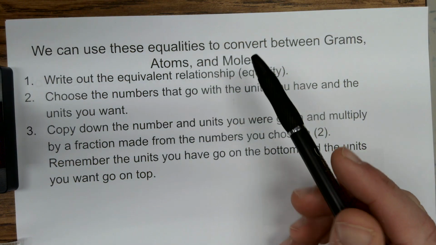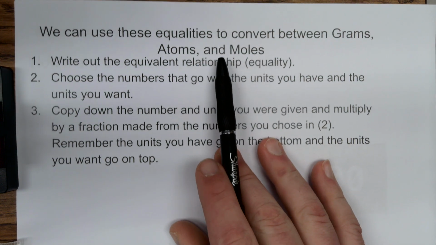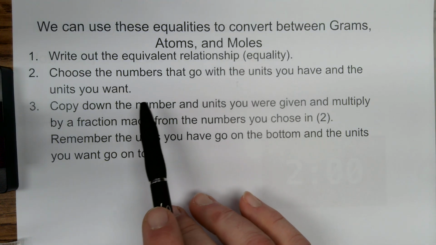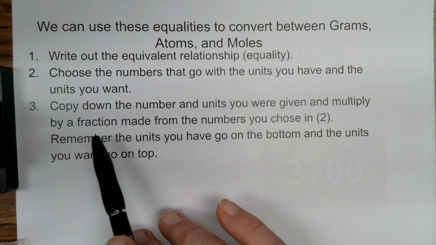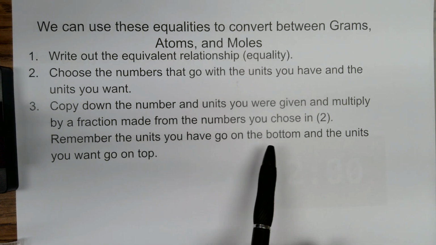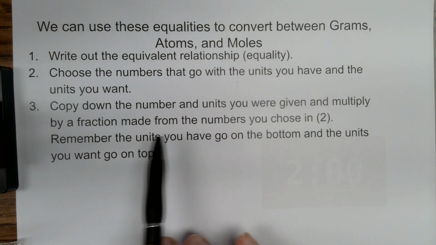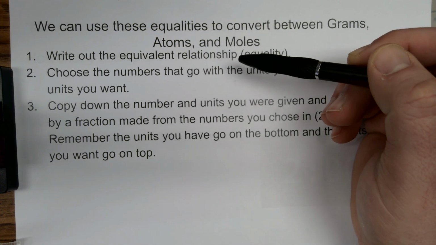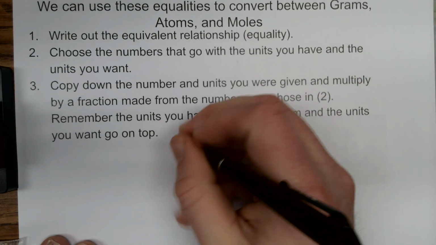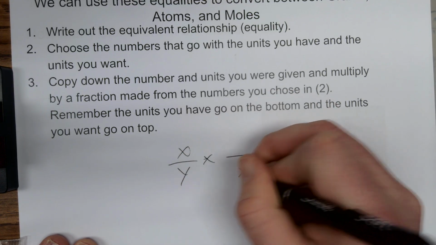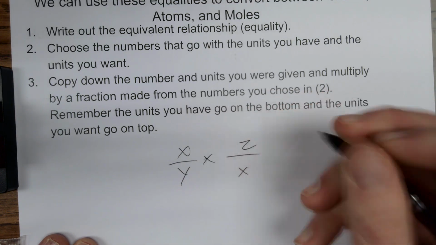Number 1, write out your equalities, your equivalent relationships. Choose the number that goes to the units that you want. Copy everything down. Multiply by the fraction. Remember, the units you have go on the bottom, and the units that you want go on the top. So whatever unit I have up top has to be the same unit on the bottom for the next one.